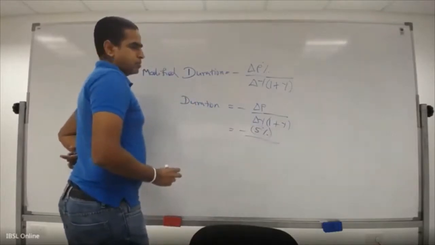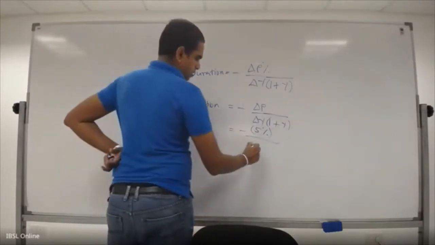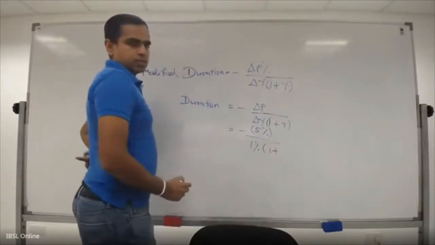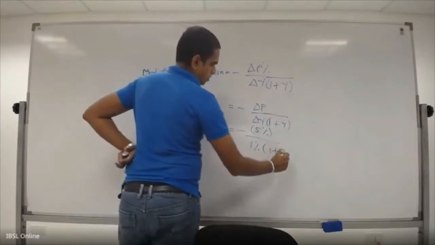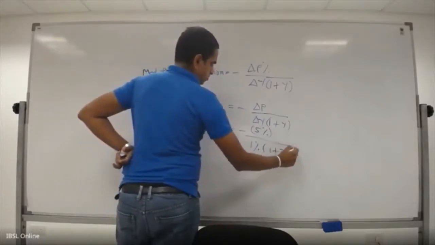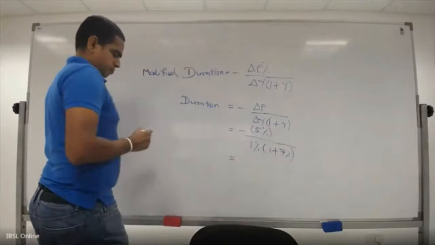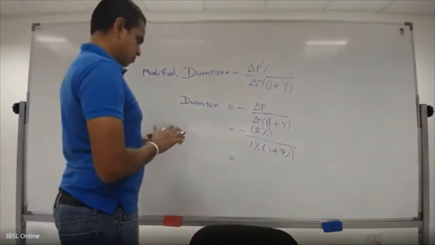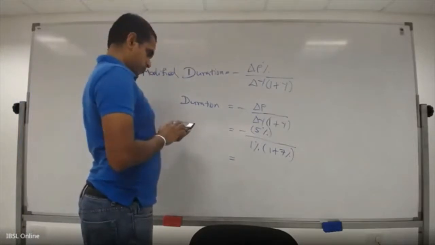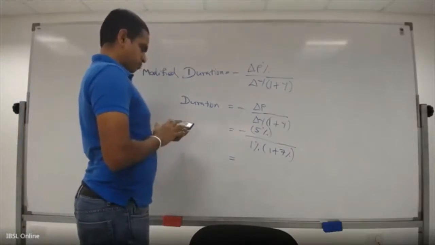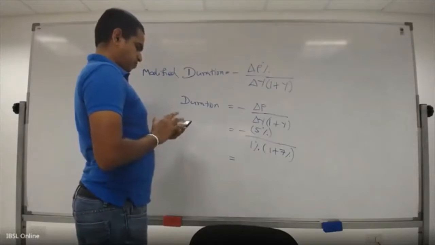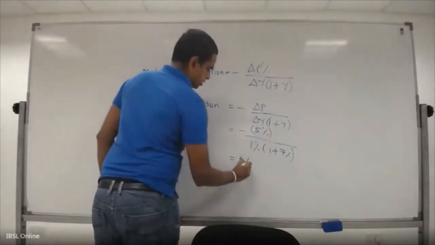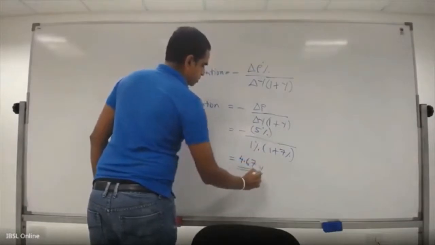Yield rises from 7 to 8%. Change in yield is 1%. 1 plus the previous yield, which used to be 7%. You will get a duration of 4.67 years.